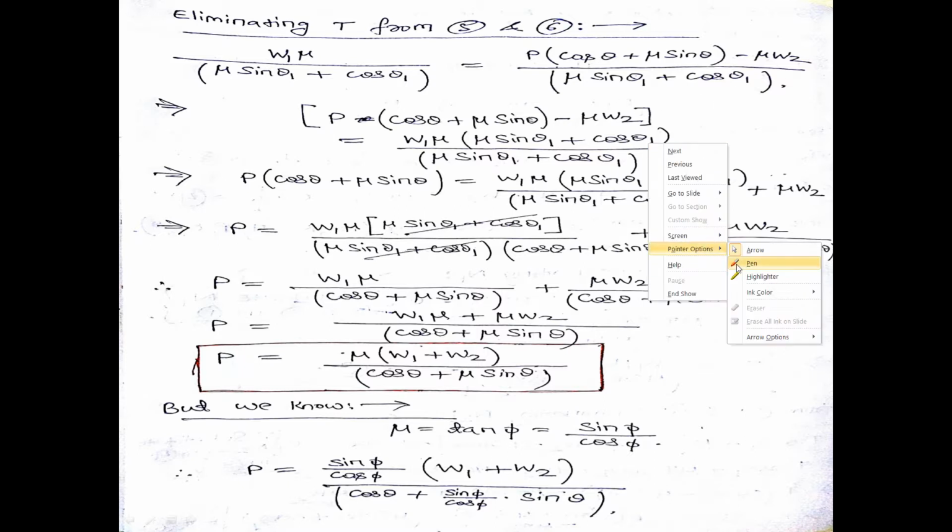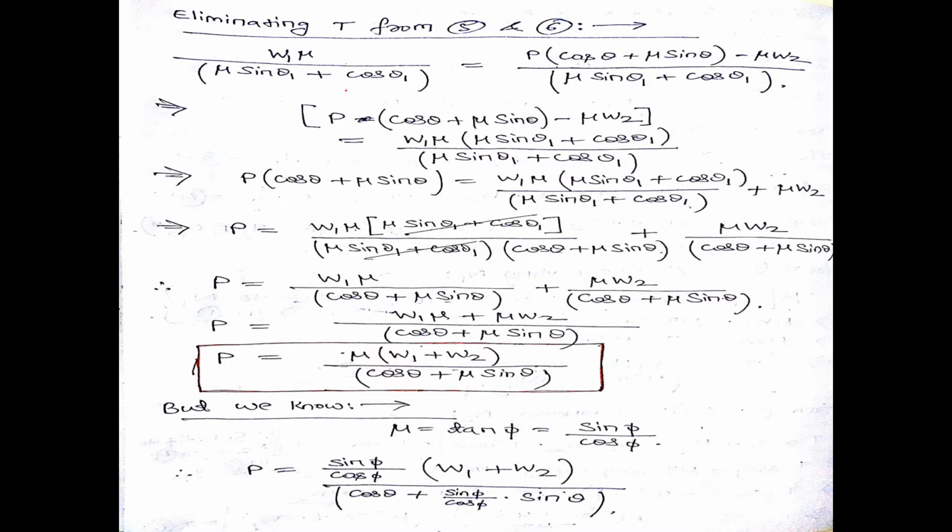Now if you see this expression, the denominator on both sides is the same, so you can eliminate mu sine theta 1 plus cos theta 1.